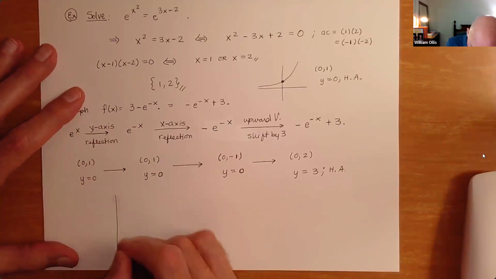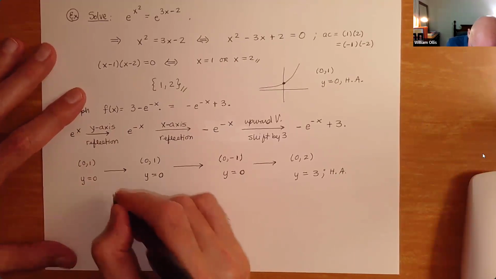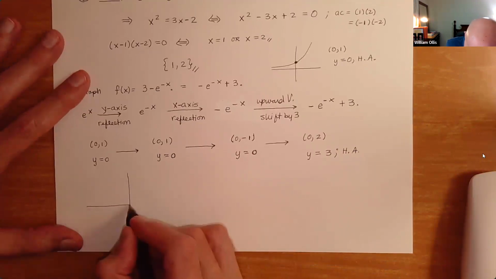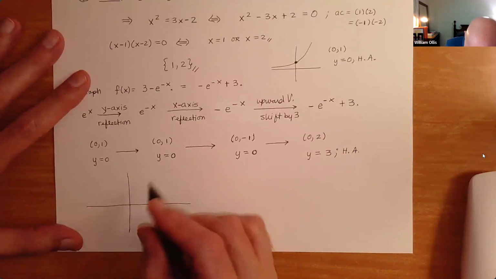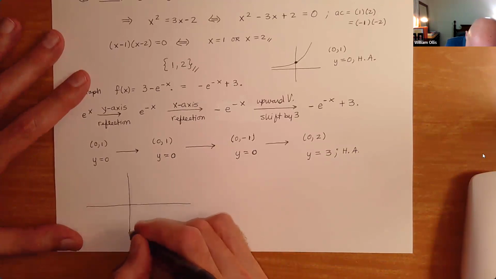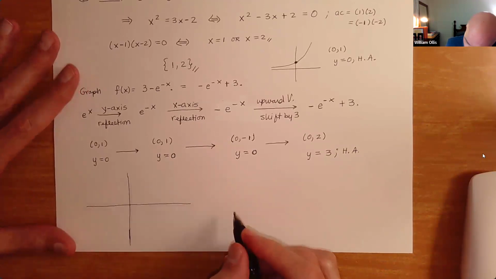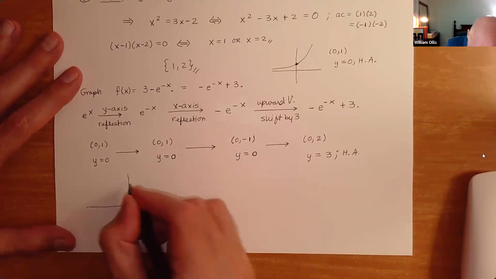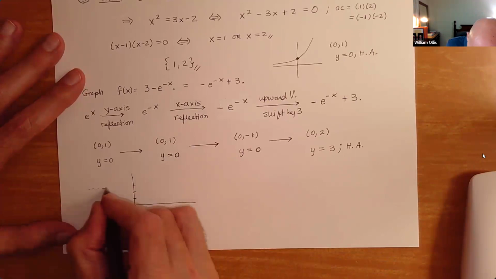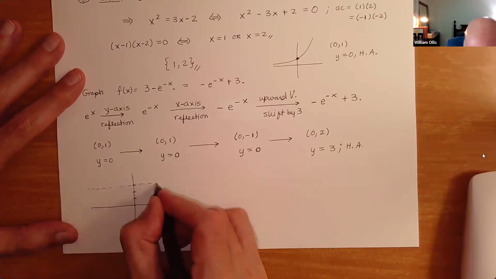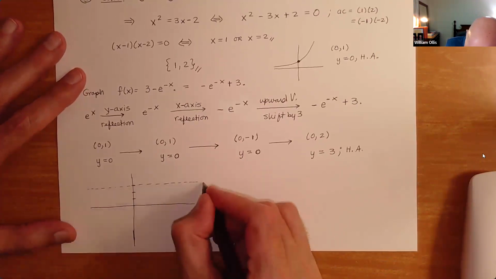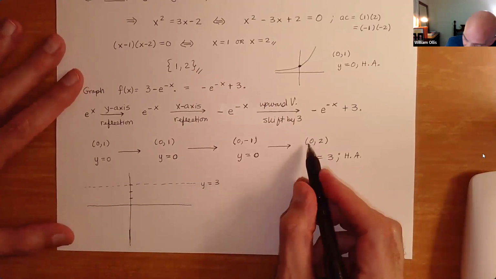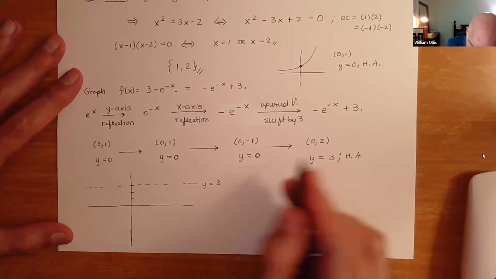So let's go ahead and draw this. We've got our x-axis. Again, like I always say, this isn't Rembrandt, it's just a reasonable facsimile. So we've got 1, 2, 3. We have y = 3, and then we have the y-intercept 0, 2.